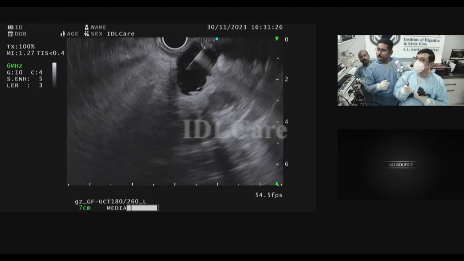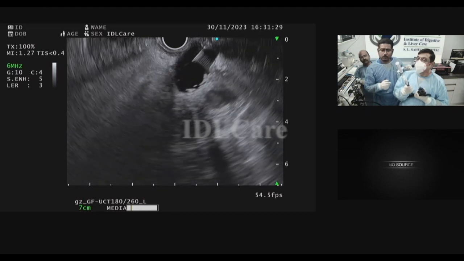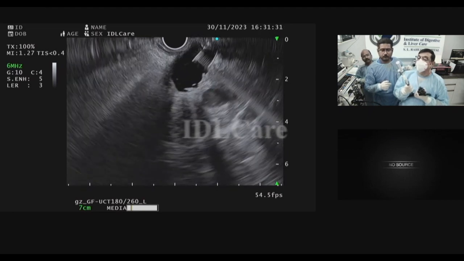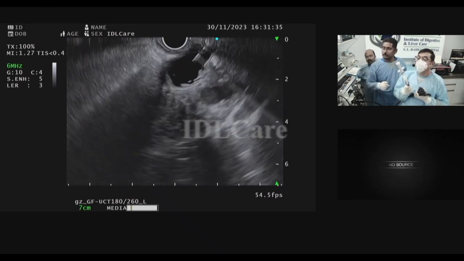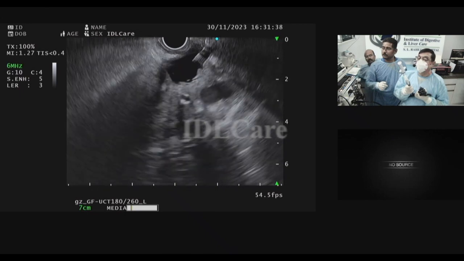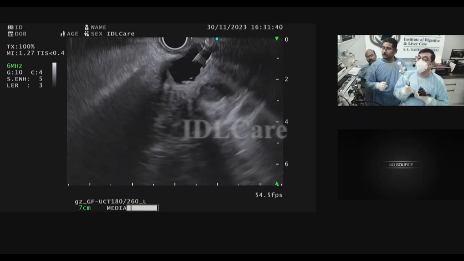So now we are getting serous fluid, it doesn't look like a pseudocyst. It's a very clear watery fluid if you can see it on the camera.